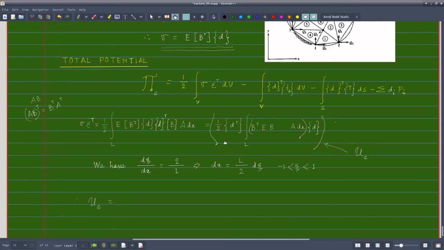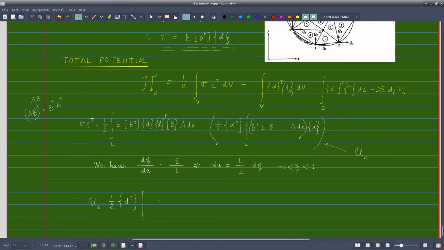From this equation, I can write the element strain energy as d transpose into... so I will get it from here as half times d transpose into this integral, so that half I should write here.